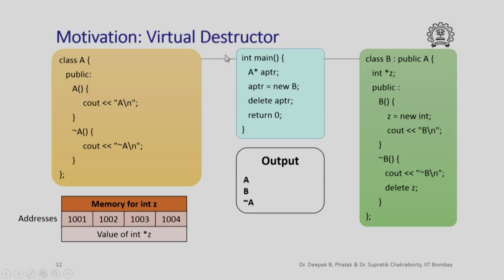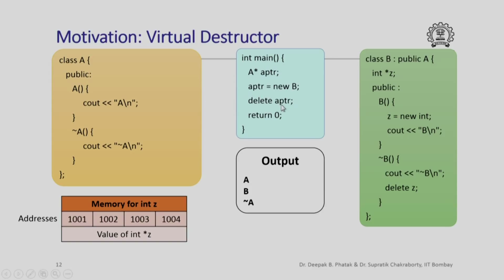from the main program if our main program is written like this? So what is this main program doing? APTR is a pointer to an object of the class A. I am assigning to APTR the address returned by new B. This is going to give me the address of a freshly allocated object of class B in the heap, and then I have delete APTR.